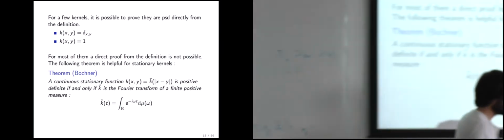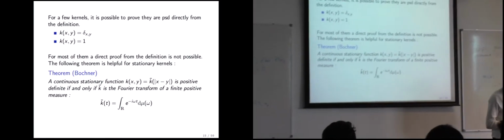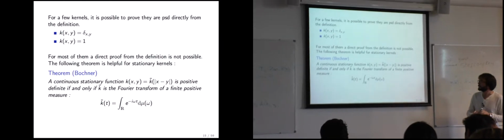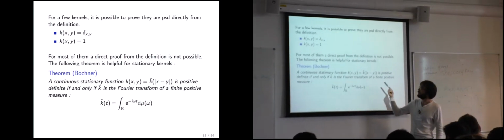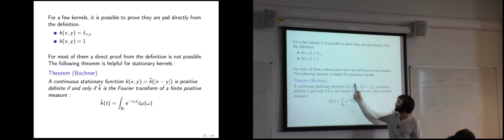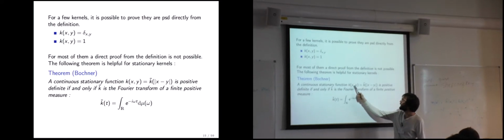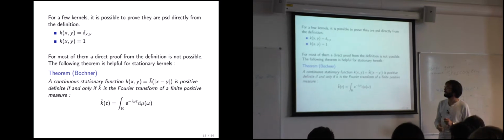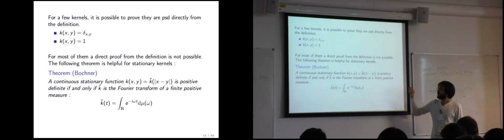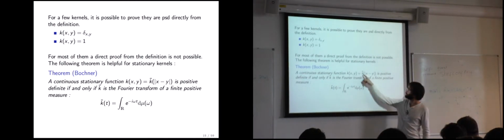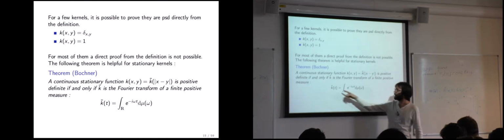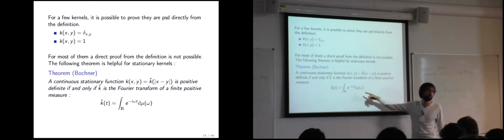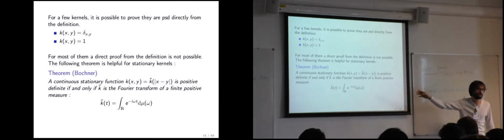There's one very interesting result, that is the Bochner theorem, that states that for any stationary function, so if a kernel is stationary, so if it writes as a function of the difference, then there's an equivalence between this being positive semi-definite and this being the Fourier transform of a positive finite measure.